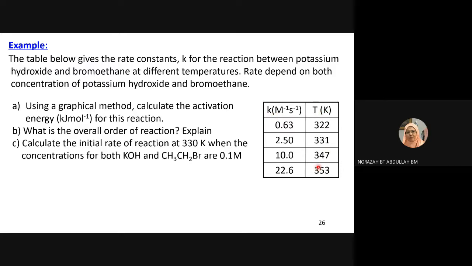Ingat temperature kena convert dalam Kelvin sekiranya tidak diberi temperature dalam Kelvin. Kemudian kamu kena cari 1 over T untuk x-axis dan y-axis adalah ln k. Jadi kamu kena kira dulu, tuliskan nilai-nilai ln k dan 1 over T. Tambahkan kolom di tepi untuk X dan Y. Jadi menggunakan graphical method, calculate the activation energy in kilojoule per mole.